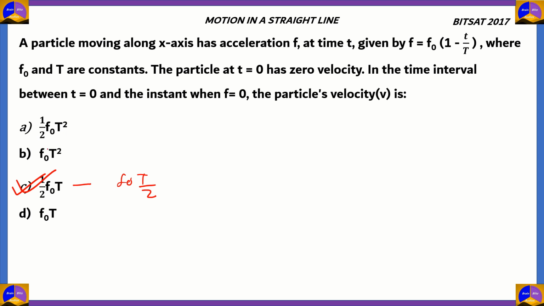All the other options are incorrect because in option D the half is missing, and in options A and B the value of T is being squared, so that's also incorrect.